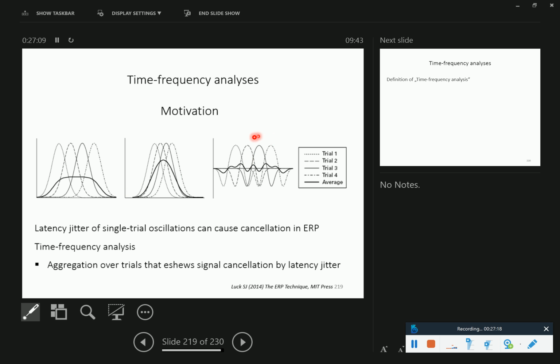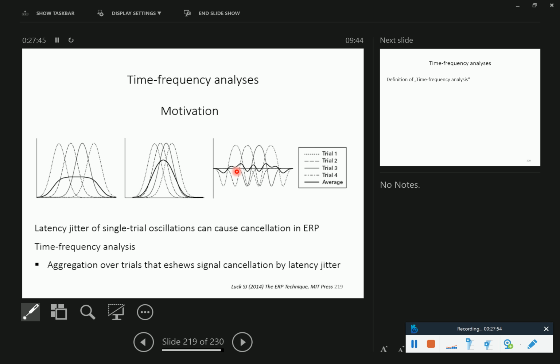You might have perfectly well-defined signals, as shown here, over given trials, but because they have a shift in terms of latency, or in frequency lingo, in terms of their phase, if you compute the average, on average you don't get much of a signal. So essentially, if you do time domain averages, you might cancel out interesting aspects of the data. This is of course a good motivation for time frequency analysis.